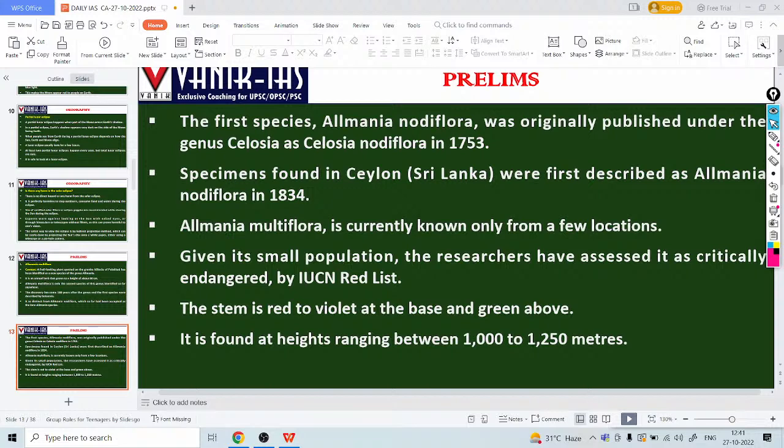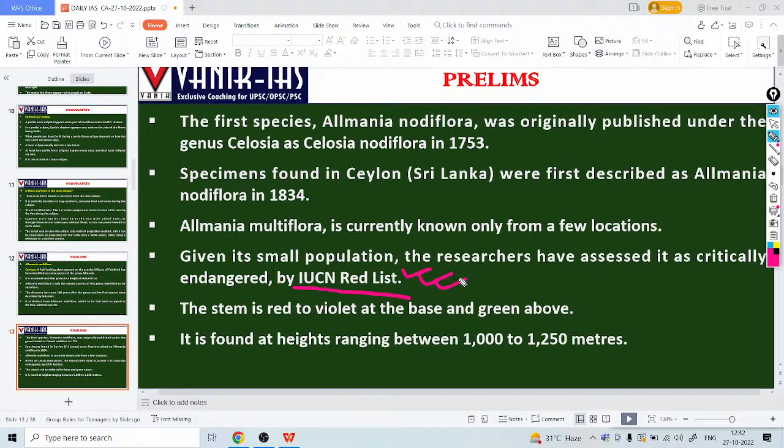Almania multiflora is currently known only from a few locations. Given its small population, the researchers have assessed it as critically endangered in the International Union for Conservation of Nature (IUCN) Red List. IUCN is the International Union for Conservation of Nature, which publishes the list of endangered, threatened and extinct species.